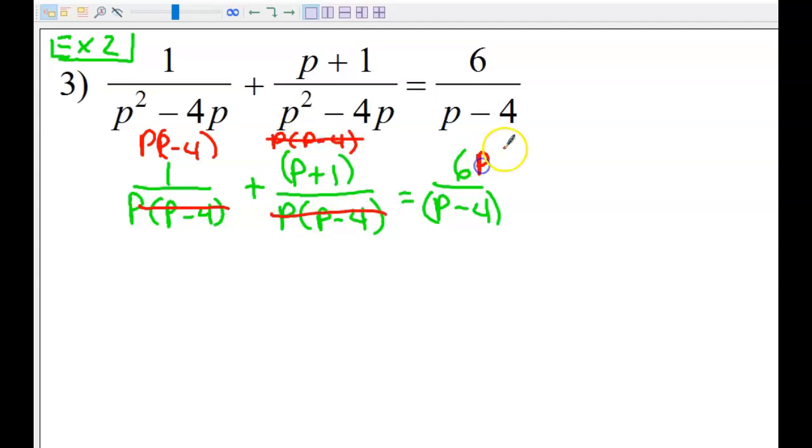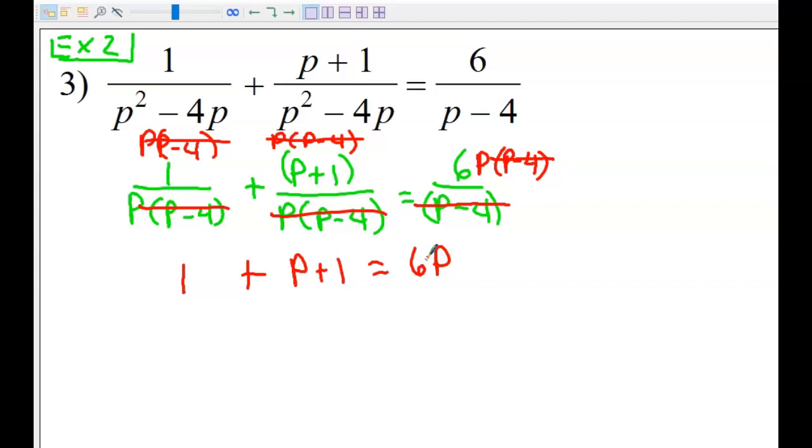And over here, everything won't cancel, but the bottom will be completely gone. What cancels on this one? That goes away, right? So what's left here then? 1. What's left here? P plus 1. And here, and we can solve it from there, right?